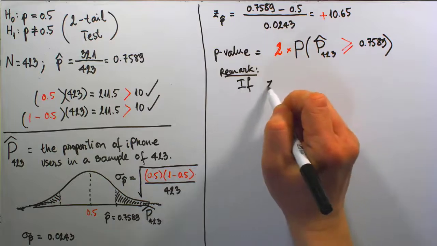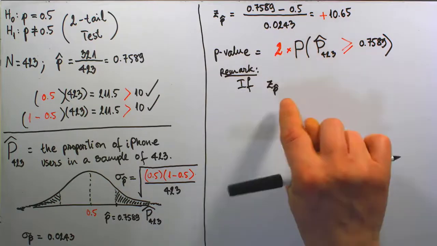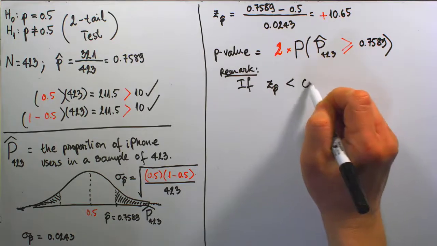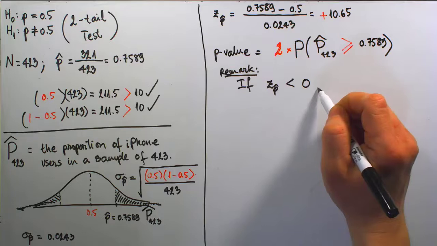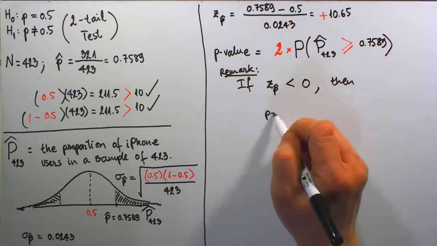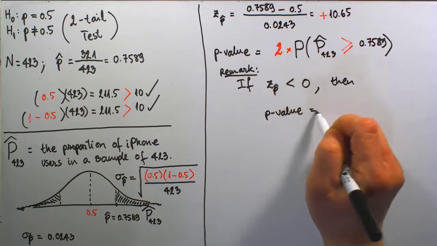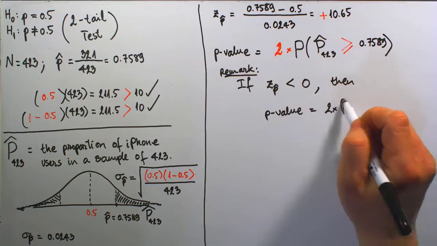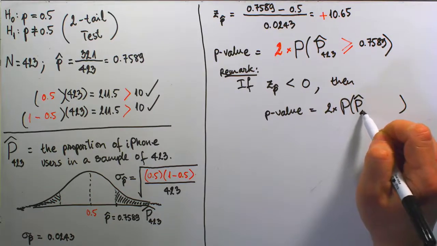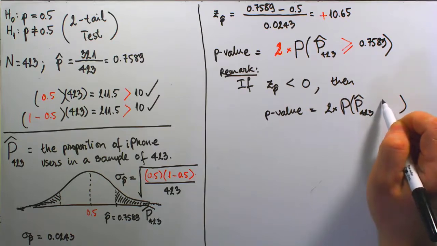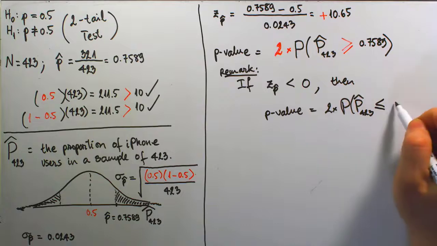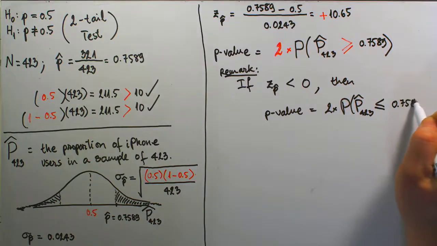If the z-score for our sample in this calculation was a negative z-score, then the p-value equals 2 times the probability where we're looking for sample proportion at size 423, but being less than, left tail inequality, less than the value 0.7589.